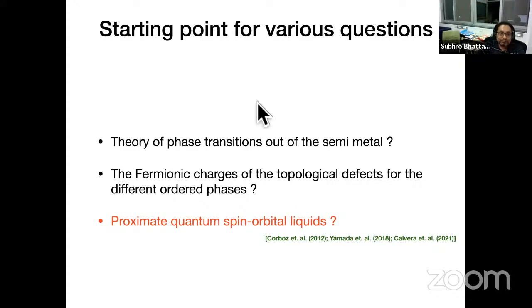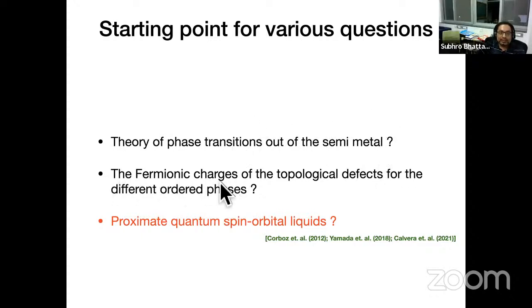Okay, so that's one point, and this kind of low energy theory actually forms the starting point of various questions, particularly the question of the theory of phase transitions out of the semi-metal in presence of these symmetries, or the remnant of the SU(8) symmetry that I pointed out.